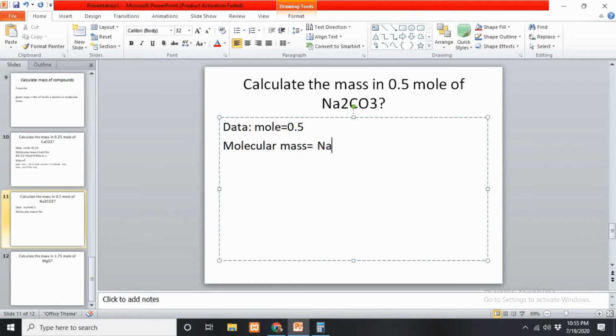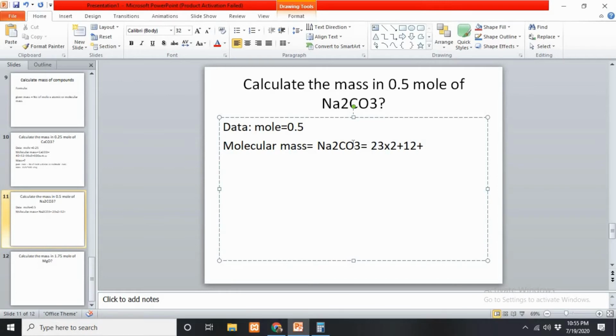We are going to calculate the molecular mass of Na2CO3, sodium carbonate. The mass number of sodium is 23, and it contains 2 atoms, so that will be multiplied by 2, plus the mass number of carbon is 12, and it only has 1 atom, so we are not going to multiply with anything.